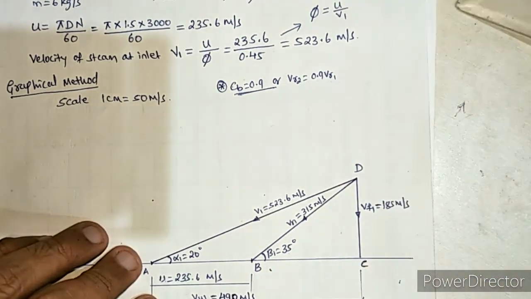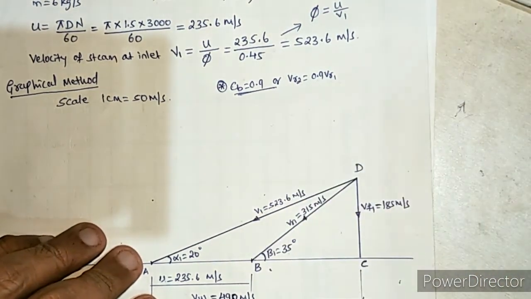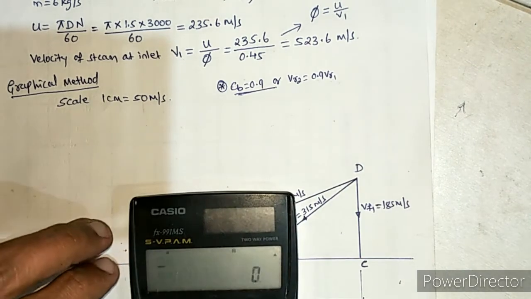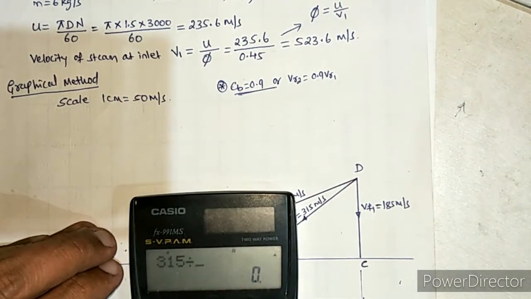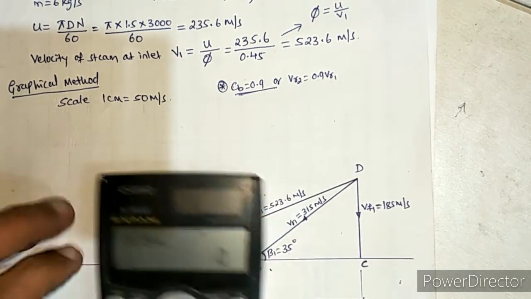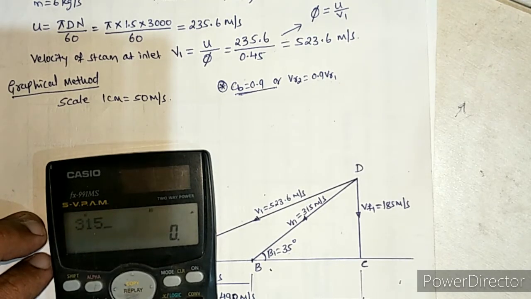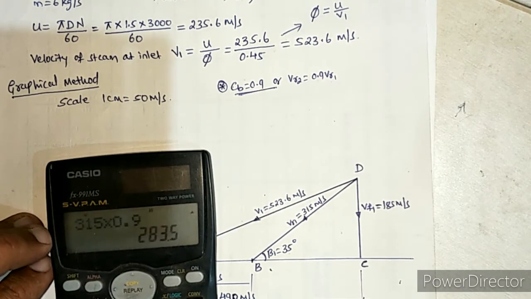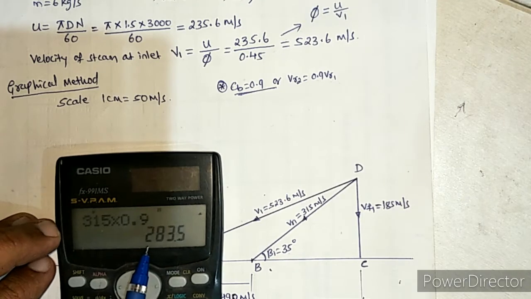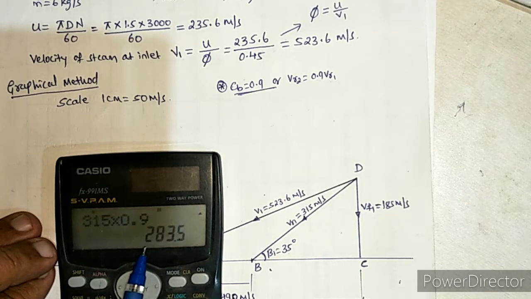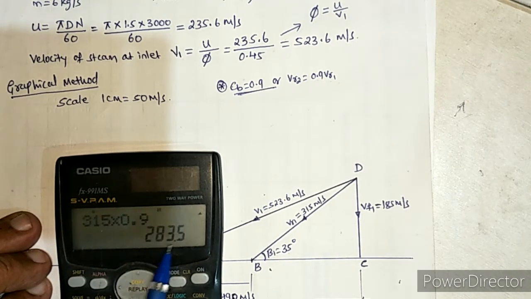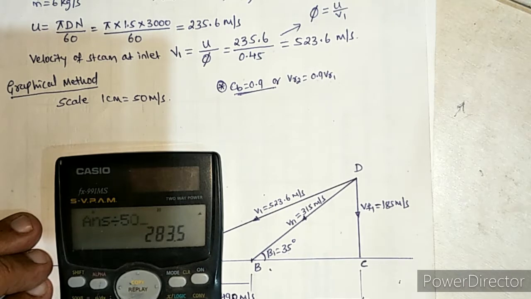VR1 is 315, as you can see here. So it is 315 into 0.9. This should be the magnitude of VR2, so VR2 will be 283.5. If I want to convert it into centimeters, I have to divide it by scale, divide by 50.